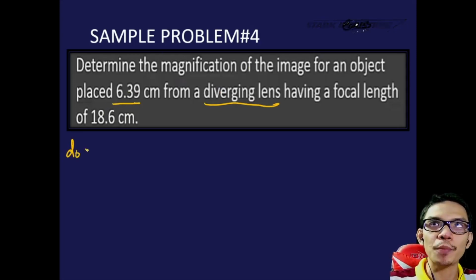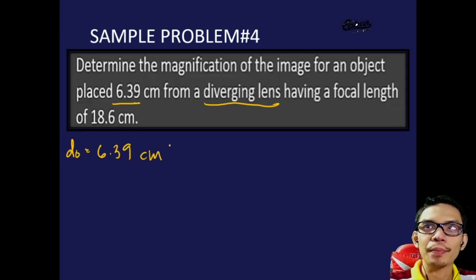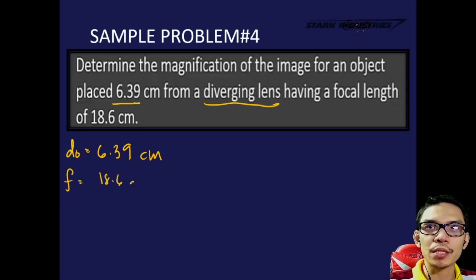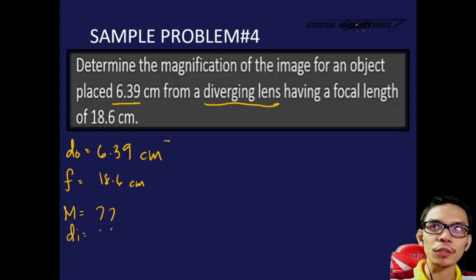This is the distance of the object at 6.39 cm. Next one, the focal length is 18.6 centimeters. We are looking for the magnification. Now, we cannot find the magnification if we don't have d sub i, so we will find these two all together.